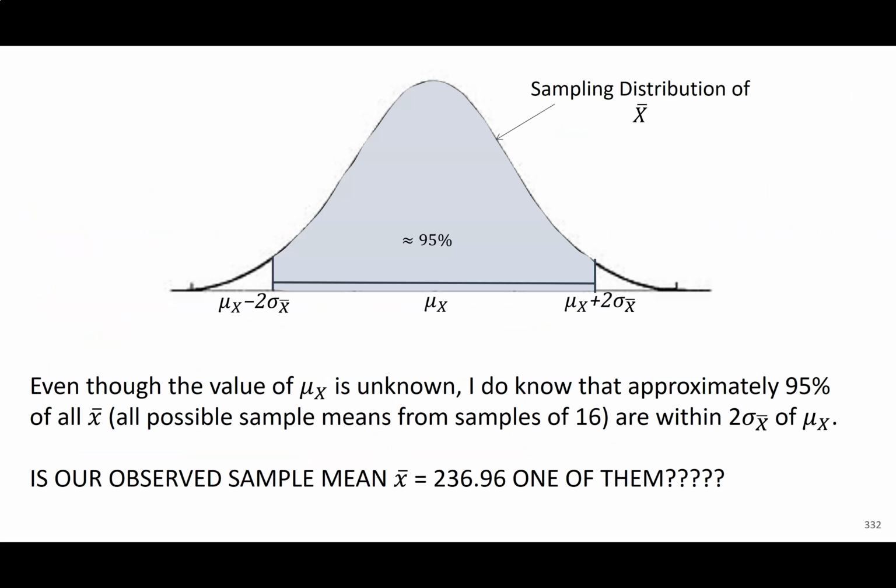Even though we don't exactly know it, we do know that roughly 95% of all possible X bars, all possible sample means I could get from samples of 16 from this population, are within roughly 2 standard deviations of mu. This is coming from that 68, 95, 99.7 rule. That's where that 2 is coming from. So the idea is: is the sample mean that we observed one of these 95%?